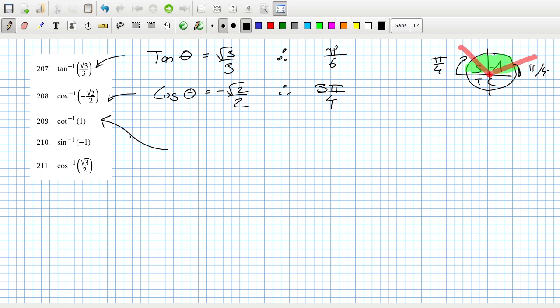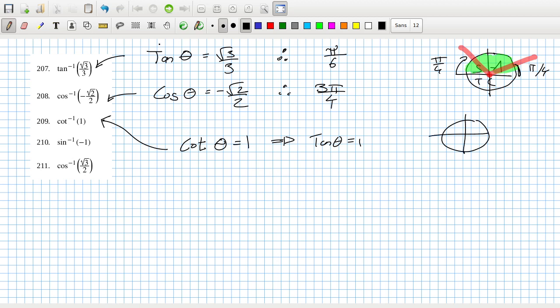Cotan inverse 1. Arc cot 1. That one's a little bit tricky, but we need to think about when does cotan theta equal 1, which means basically when does tan theta equal 1, because cotan is 1 over tan, but since it's 1, it's the same thing as looking for when tan theta is 1.